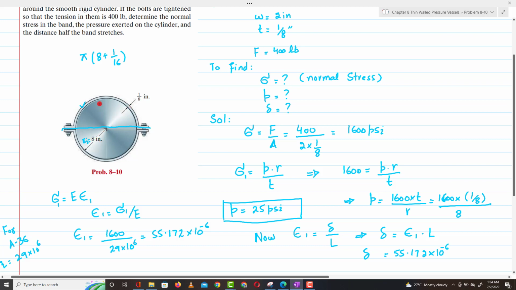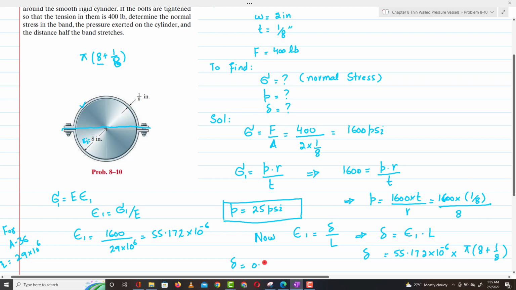So you can put the value of length over here, that will be pi into 8 plus 1 by 8. When you solve this, you will get the change in length, or the band stretch, comes out to be 0.0014 inch.